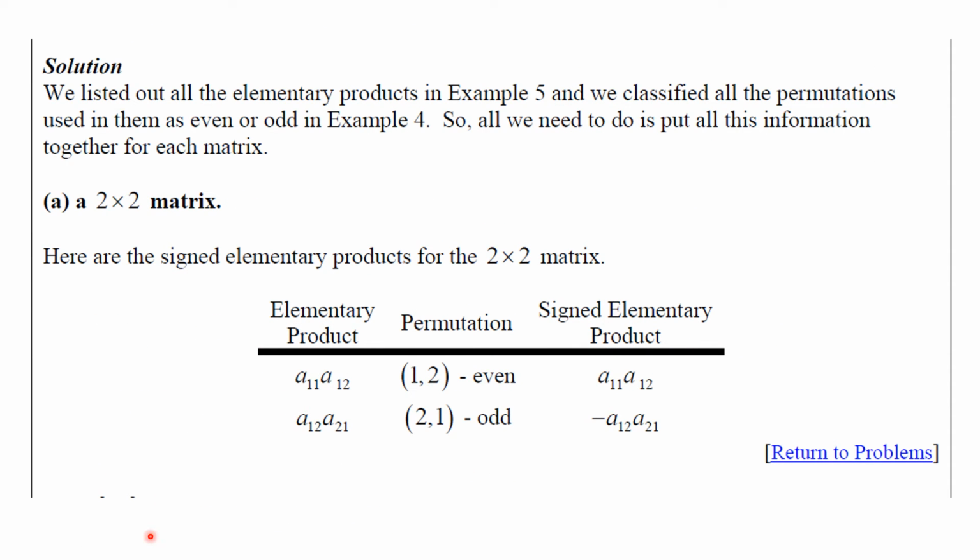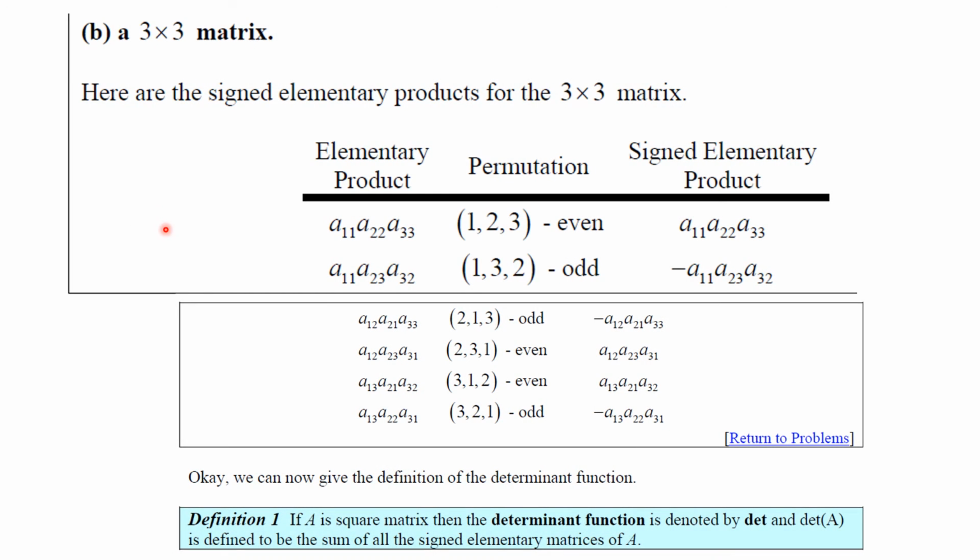Okay, let's start with the 2 by 2, and you can see that what we get is a1,1 a2,2, which is positive, and a negative a1,2 a2,1. Similarly, for the 3 by 3, we have 6, and we get the signs in these fashions. Please check to make sure you understand that.